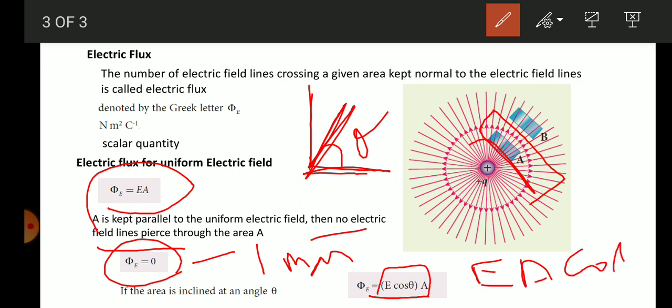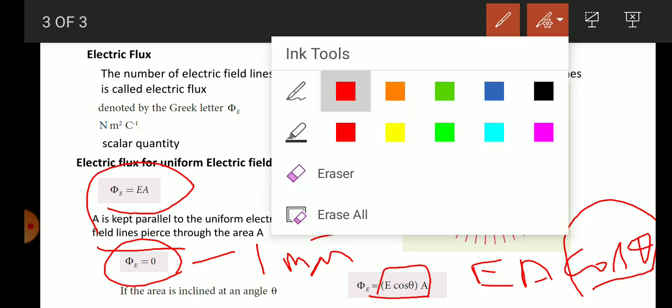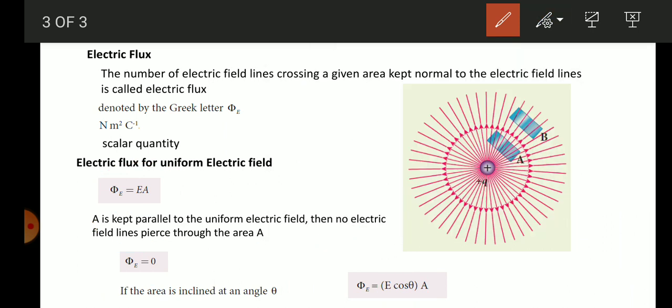This is the formula for electric flux on an inclined surface. When cos theta becomes 1, the flux will be maximum. Cos theta becomes 1 when theta is equal to 0. That means theta is the angle between the normal to the area and the electric field. So this is electric flux, and electric flux for a uniform electric field.